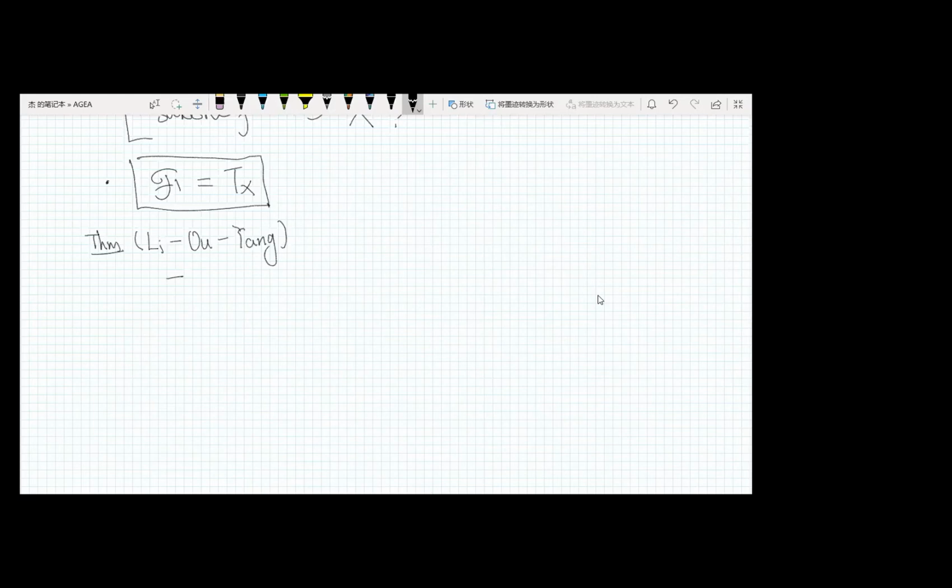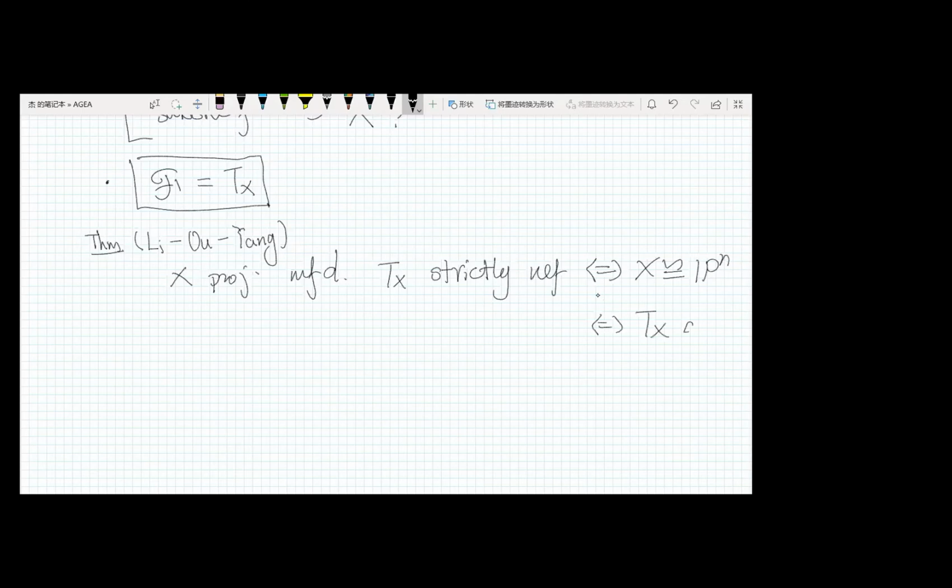We consider X a projective manifold, and if T_X is strictly nef, then X is the projective space. This just means that T_X is ample.